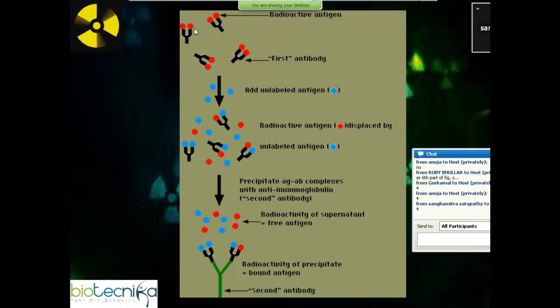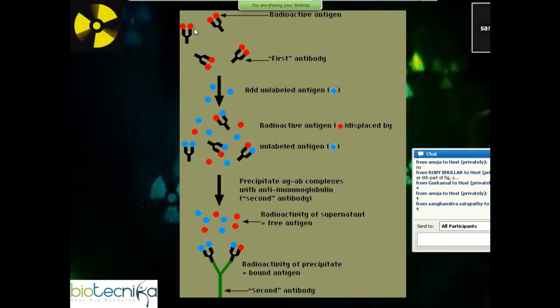To that I add an antibody, which will bind to my radioactive labeled insulin. I keep this mixture, and to this I add a sample in which I want to find the concentration of insulin. If the insulin level is very high in that sample, what will happen?